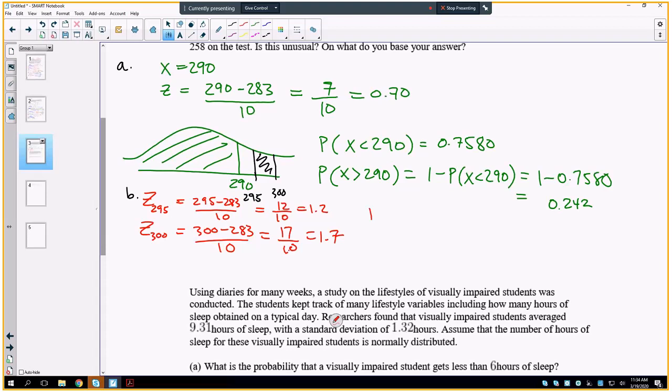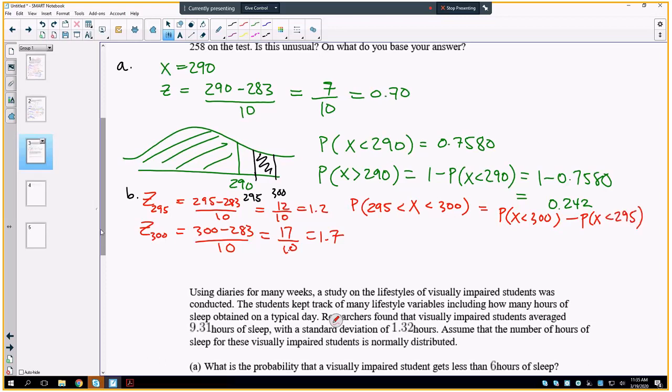So the probability that x, pardon me, I want to start with the probability that 295 is less than x and x is less than 300. Well, that should be the probability that x is less than 300 minus the probability that x is less than 295.